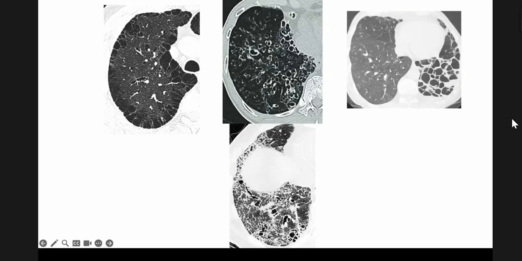Come to this image, you see small, slightly thick walled lesions which are clustered together. Again, I do not see any reticular opacities.